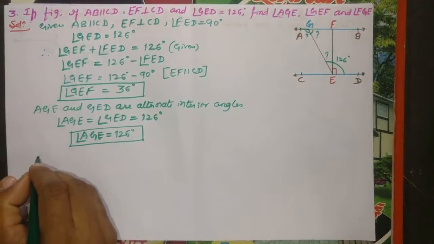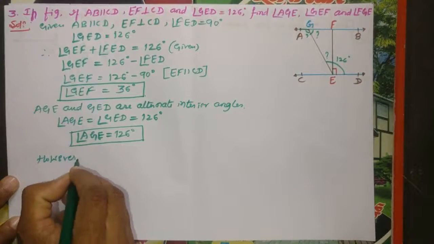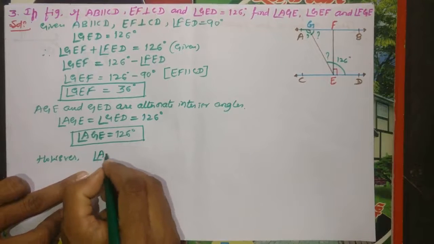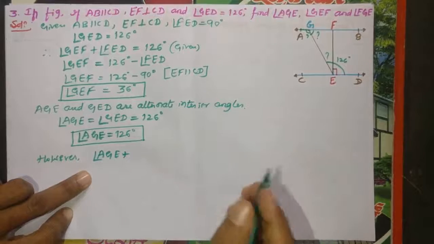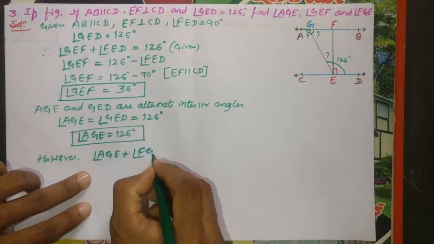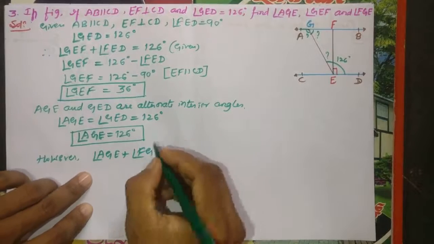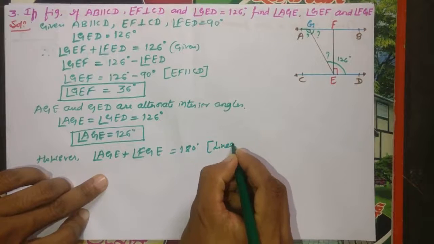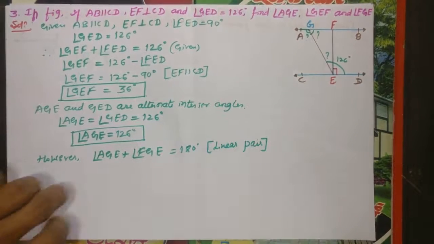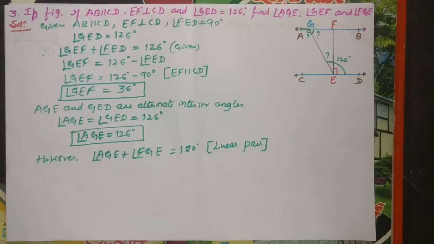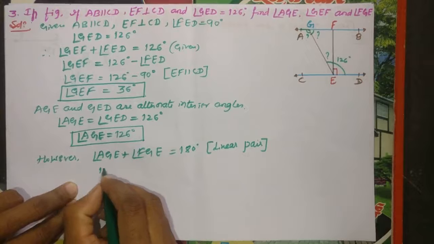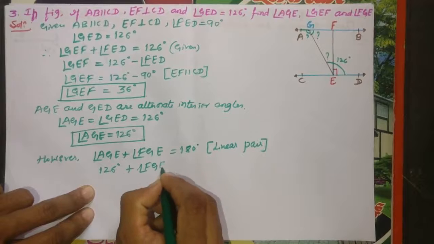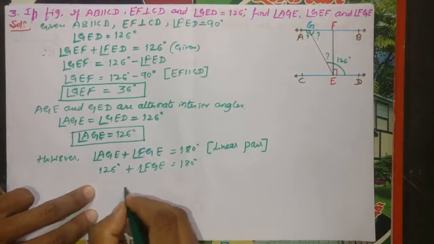However, angle AGE plus angle FGE is equal to 180 degrees, linear pair. We put here 126 plus angle FGE, which is equal to 180 degrees.